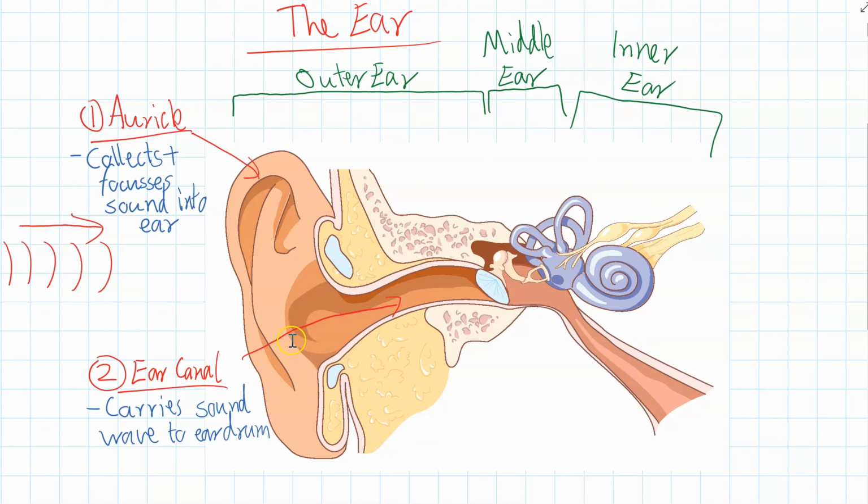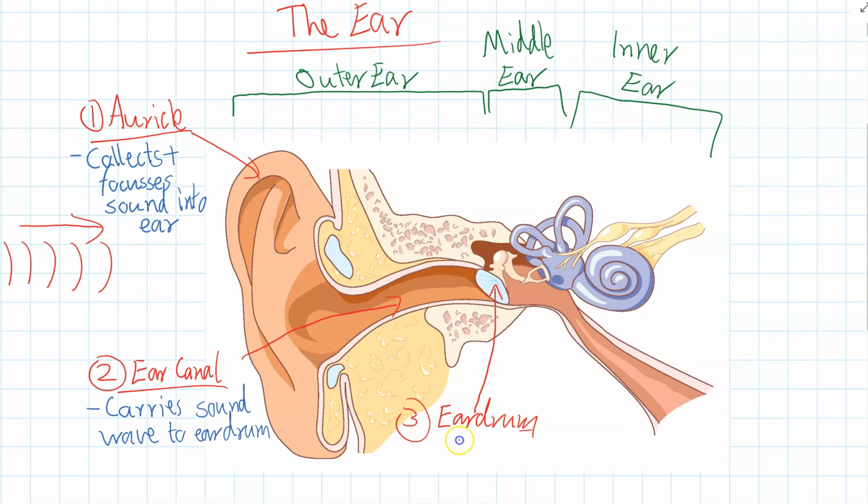So you can imagine that the longitudinal wave goes through the tube here, and when it hits the eardrum it starts to vibrate, and it vibrates at the same frequency, the same speed as the sound wave is. So this little white part here that's shaped like a dinner plate, that's called the eardrum.